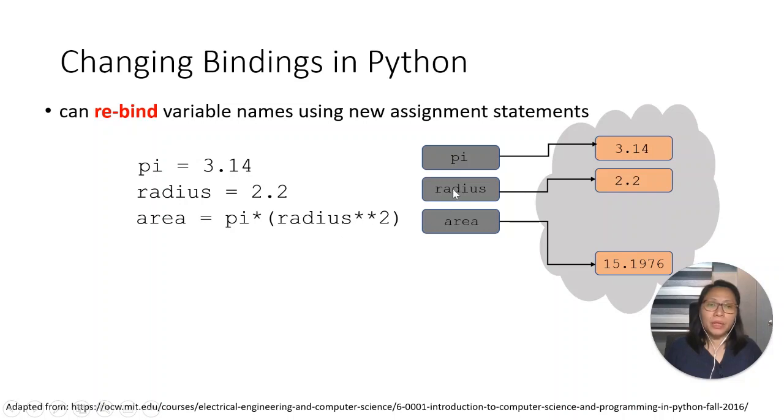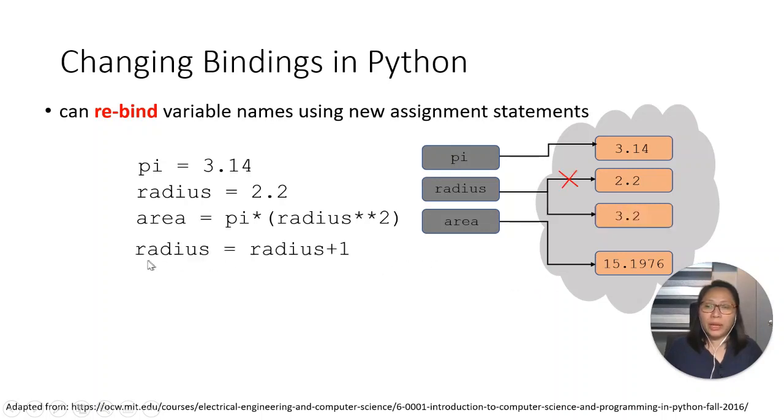After plugging in the values for pi and radius, this expression evaluates to 15.1976. And then this value is assigned to area. Thus, area now binds to 15.1976.